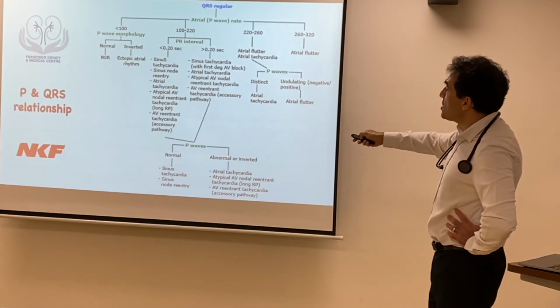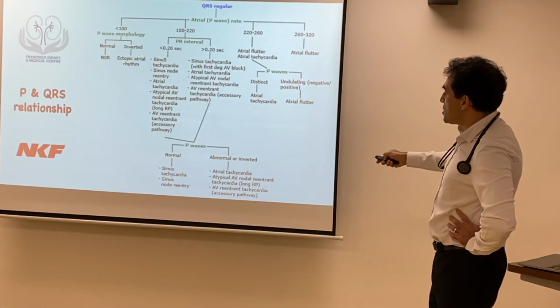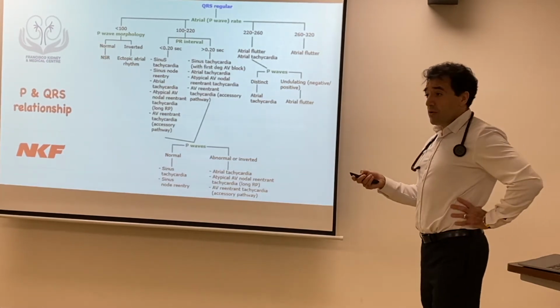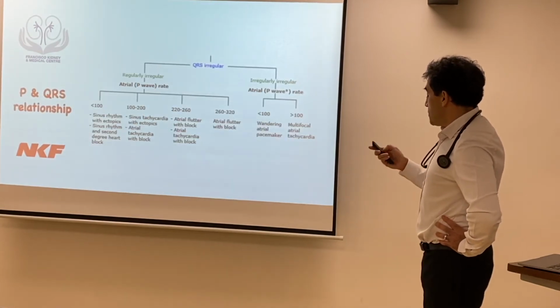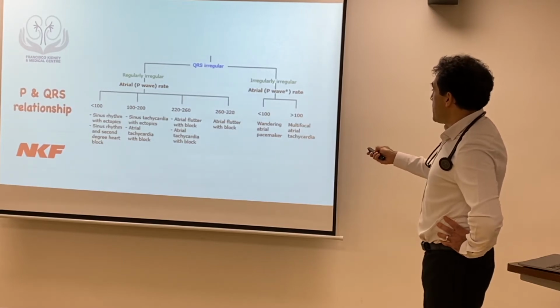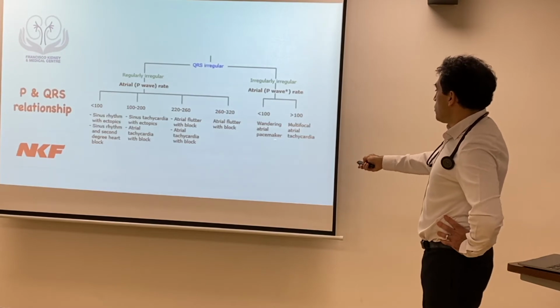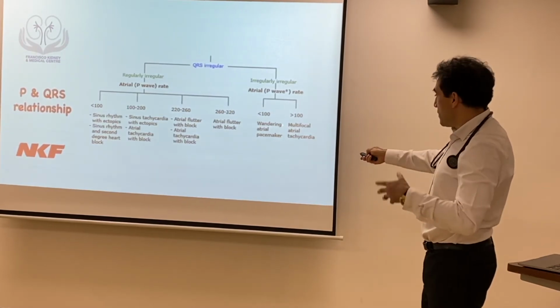All those little combinations of features can help you identify certain disease processes with more accuracy. For example, if the QRS is regular but the rhythm is regularly irregular, it could be a wandering atrial pacemaker.